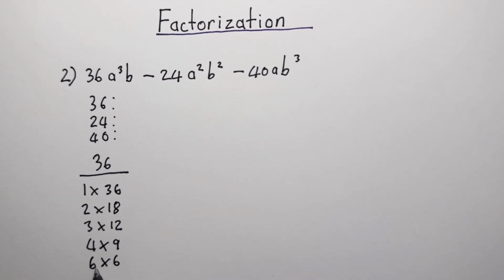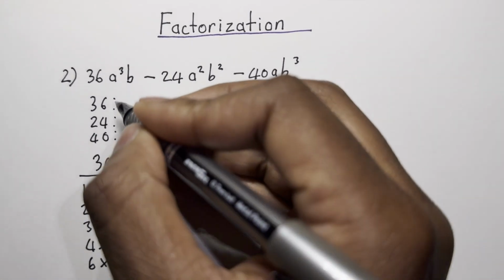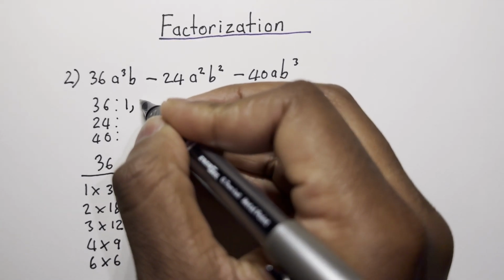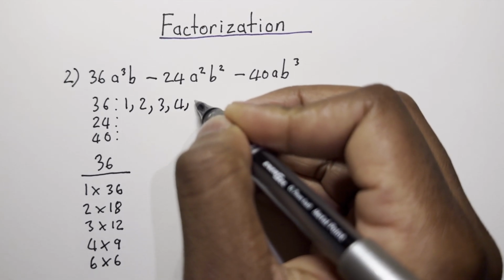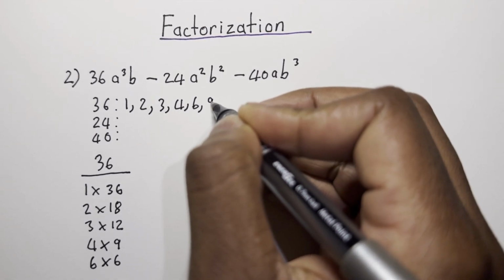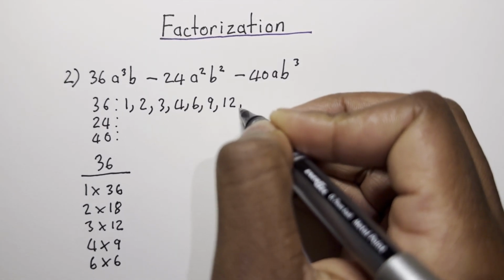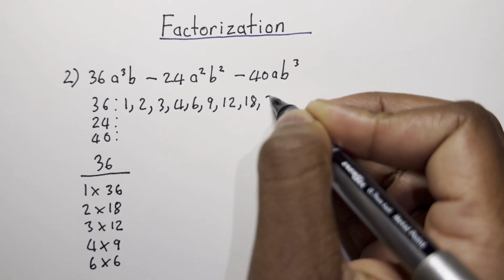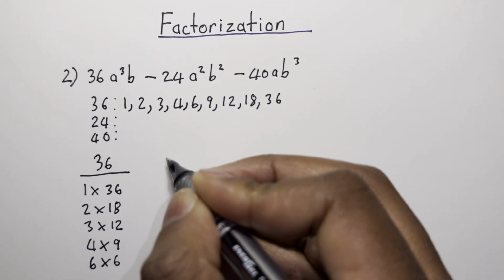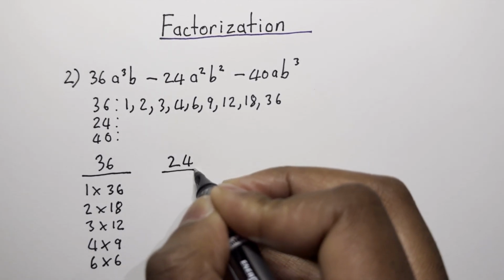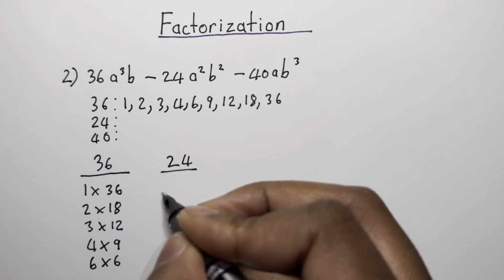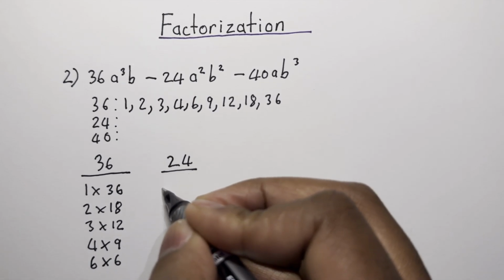And our factors repeat, so we stop here. And 24. We already know the factors of 24 from our previous problem.